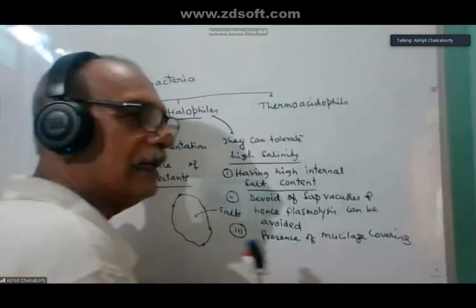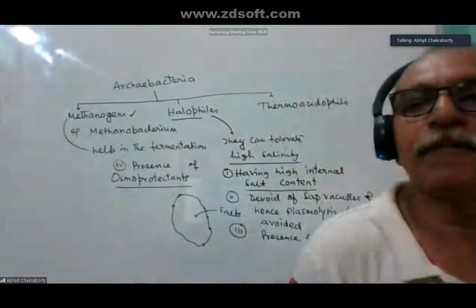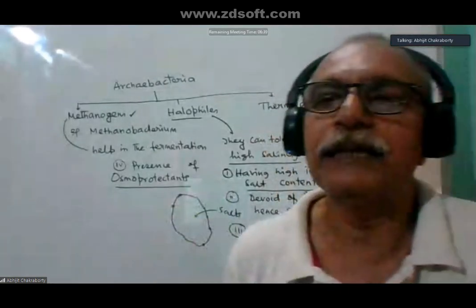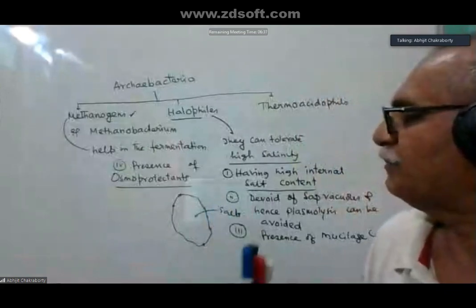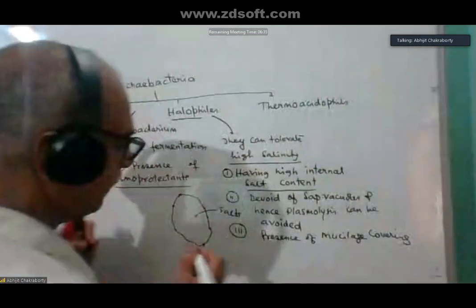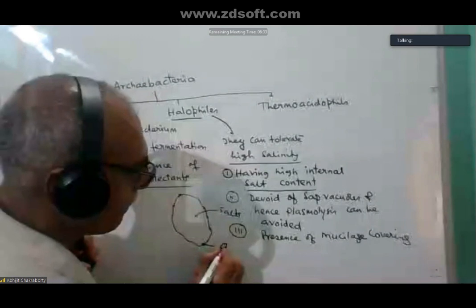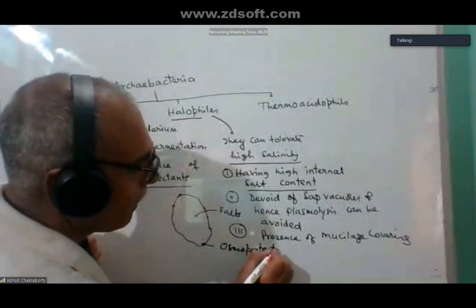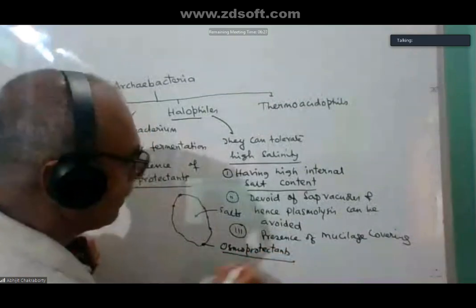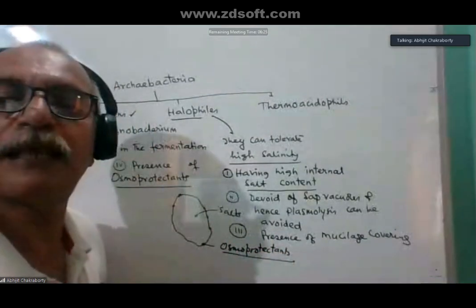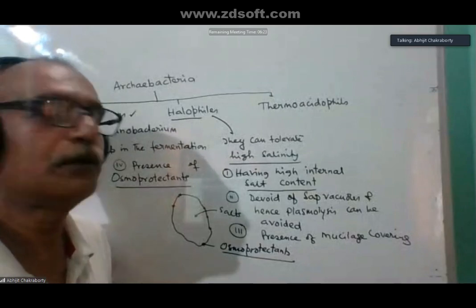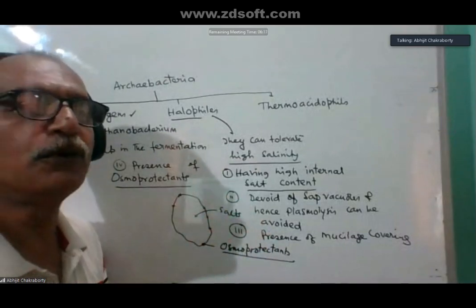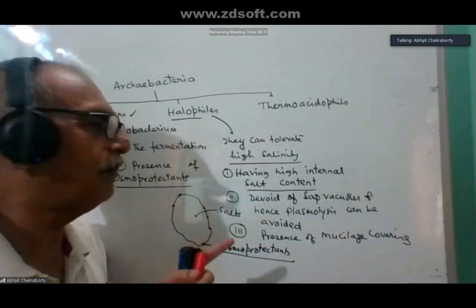Whenever it is required to maintain equilibrium between the external environment and the halobacterial cell, the osmoprotectants present over here absorb some salts from the environment to equilibrate with the external environment.